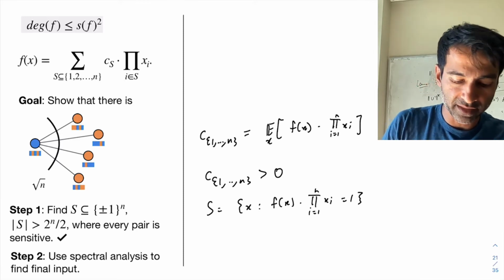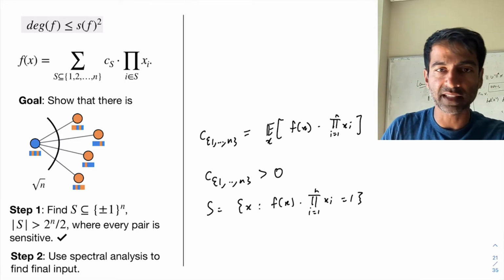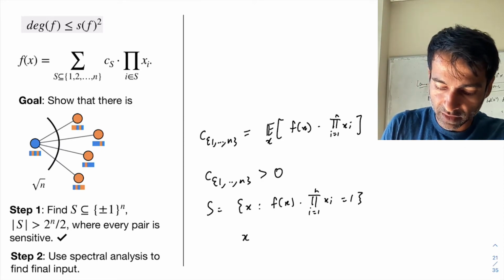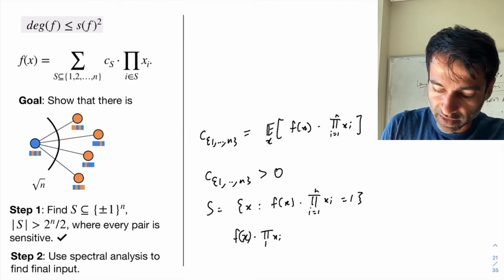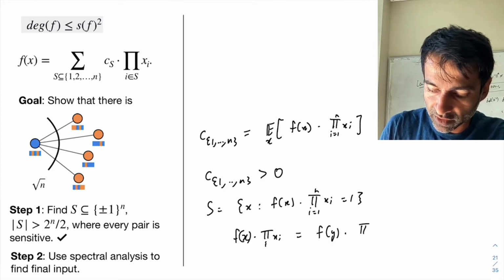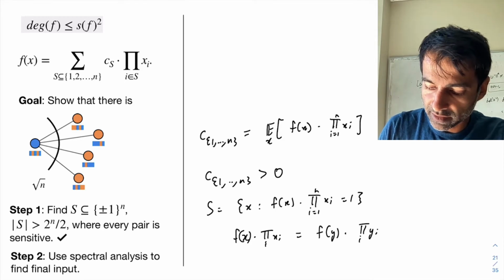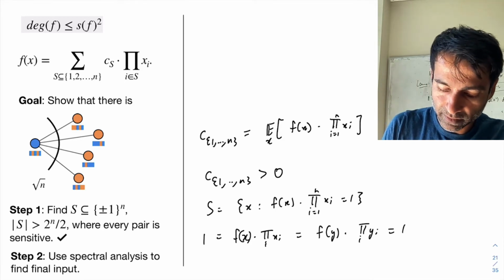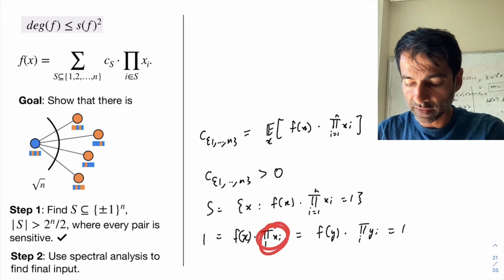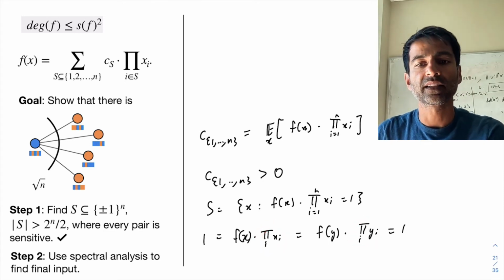On the other hand, I claim that every pair inside S is sensitive. If you have two adjacent inputs, x and y, and f of x times the product of the xi's is equal to f of y times the product of the yi's, both equal to 1, then the product of the xi's and the product of the yi's cannot be equal.